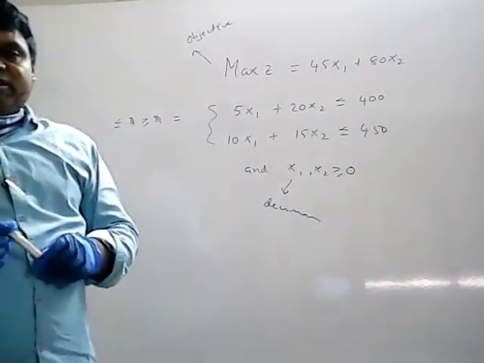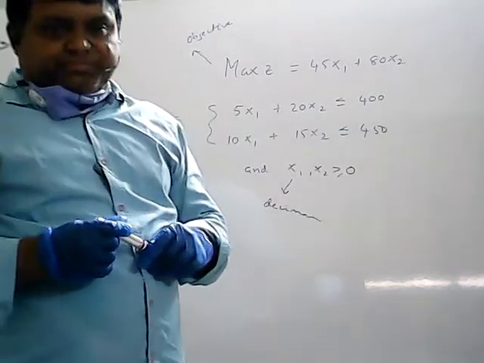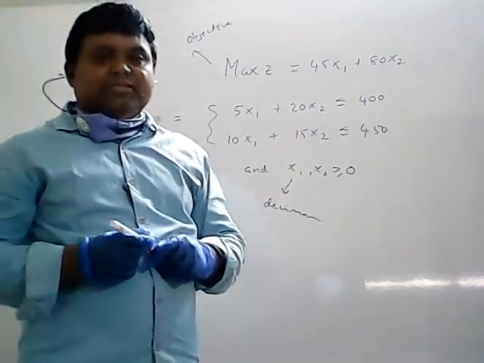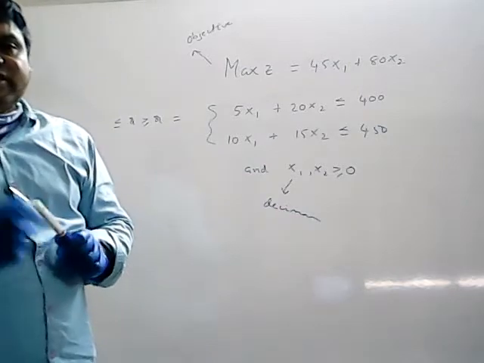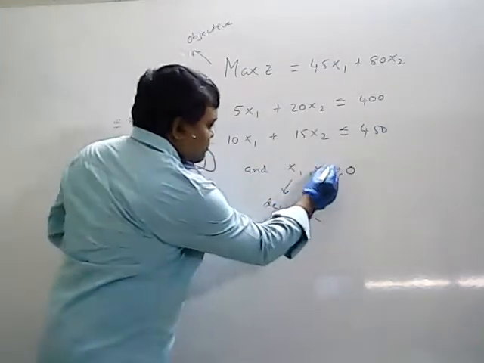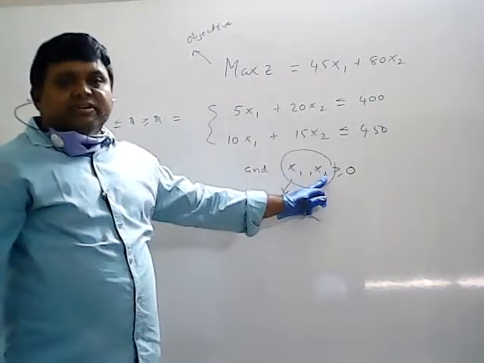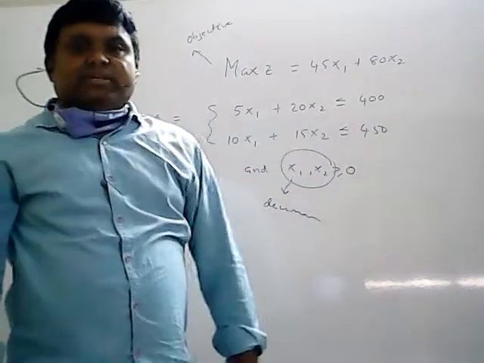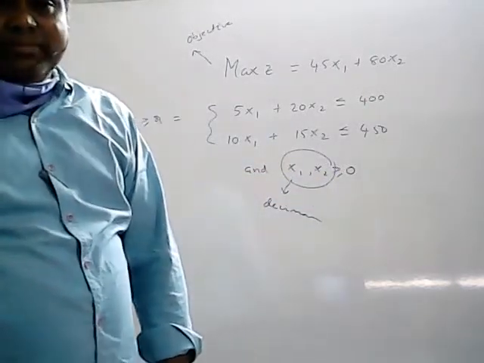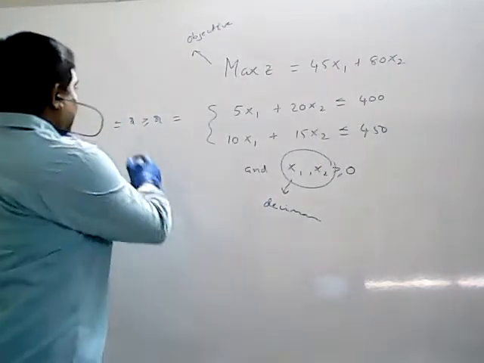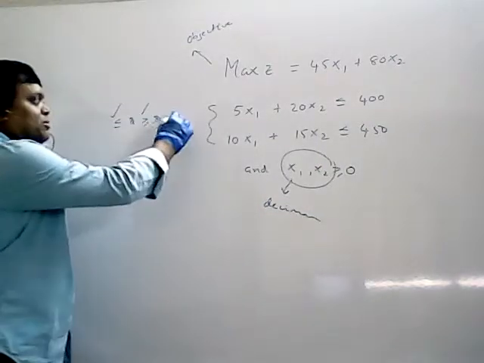When is the graphical method used? The graphical method is used only for two decision variables. That means in your problem only two decision variables are there, here x1 and x2. Only then can you use the graphical method. You will have only less than or equal type or greater than or equal type constraints.